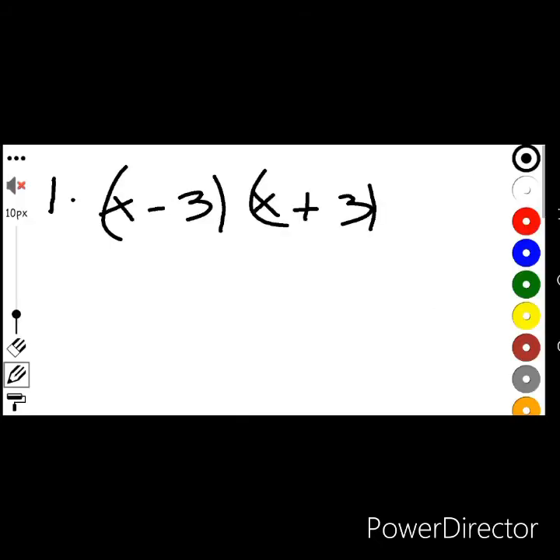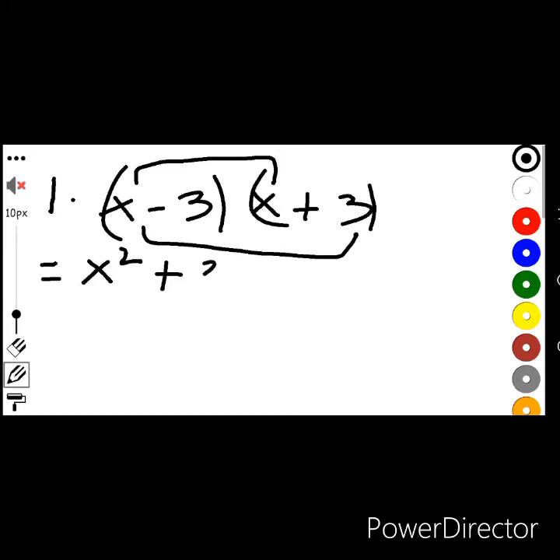Number 1. x minus 3 times x plus 3. So we need to get the product of it by using the FOIL method. First, we need to multiply the first terms. x times x equals x squared. The outer term, x times 3, which is equal to 3x.